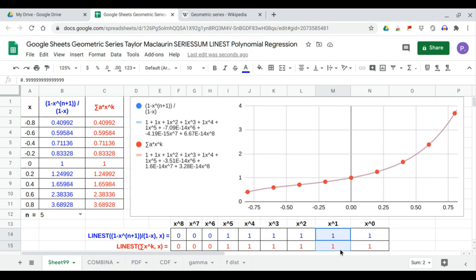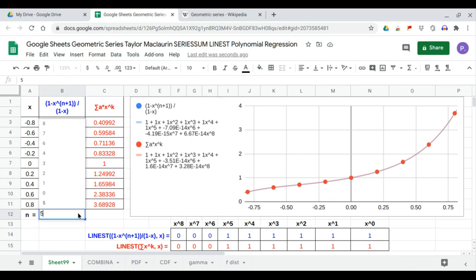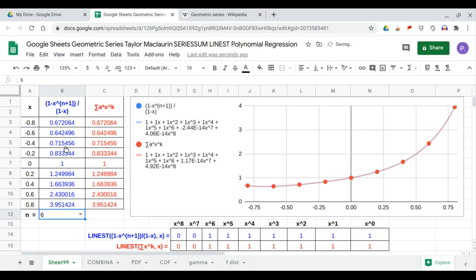At n equals 6, our polynomial will be 1 plus x plus x squared plus x cubed plus x to the fourth, x to the fifth, x to the sixth. Same thing with this.